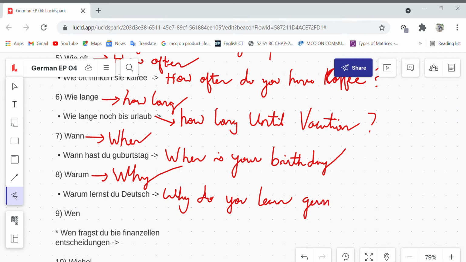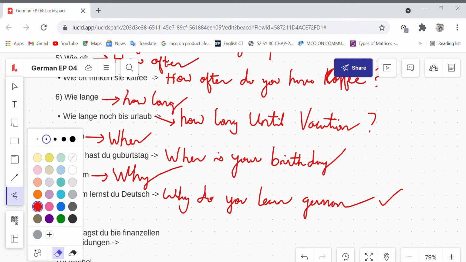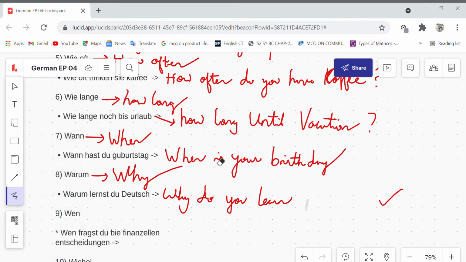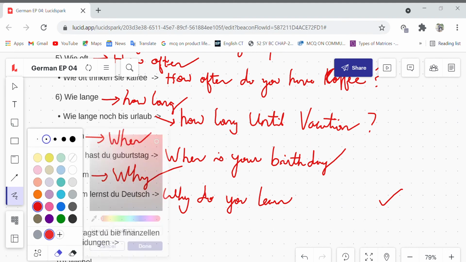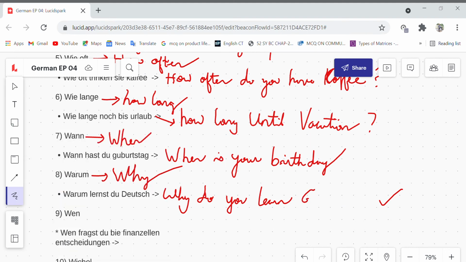Why do you learn German? Sorry, G should be capital over here. German. So warum is why. The sentence is warum lernst du Deutsch, which means why do you learn German?